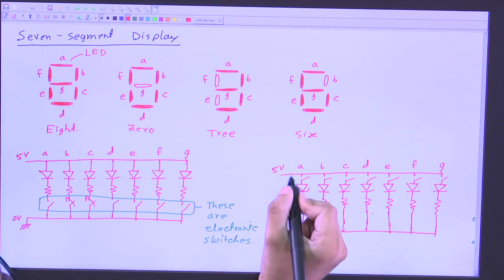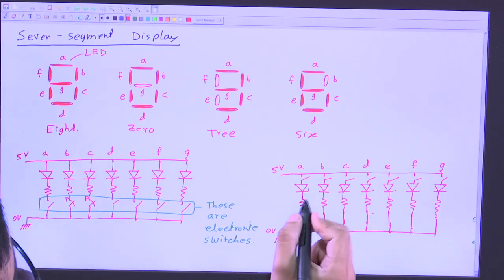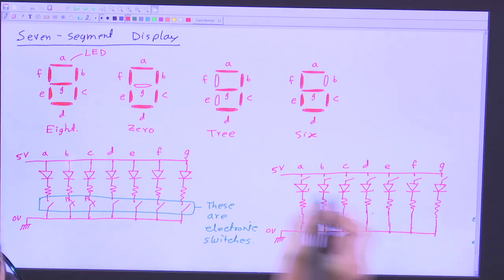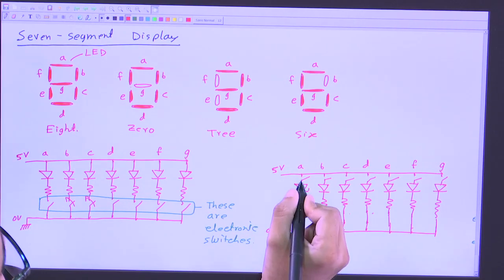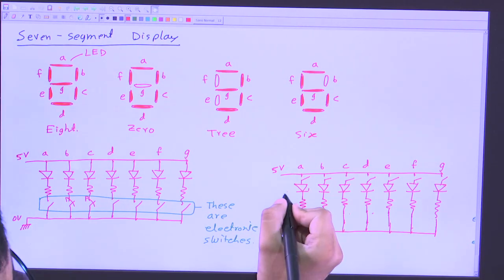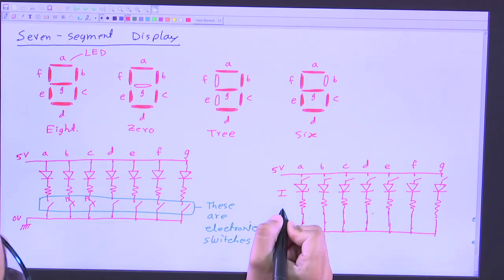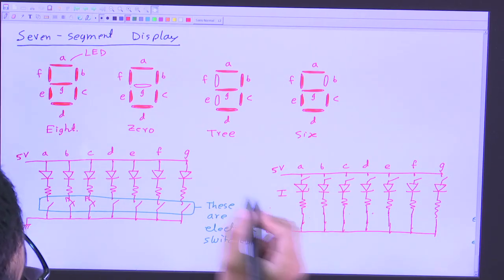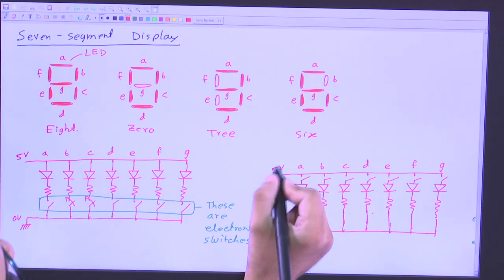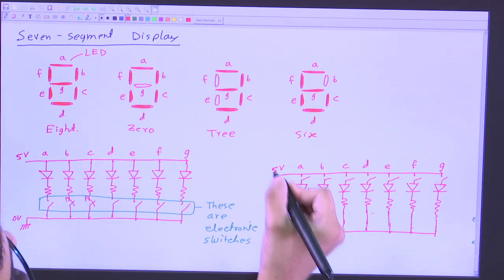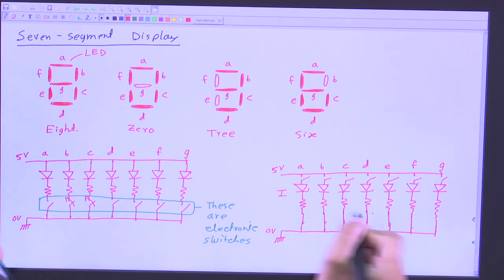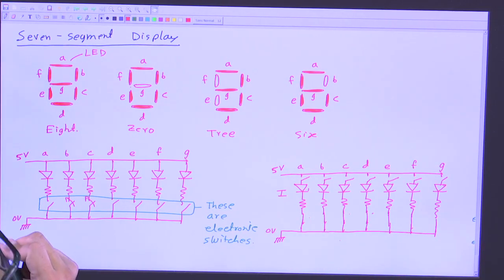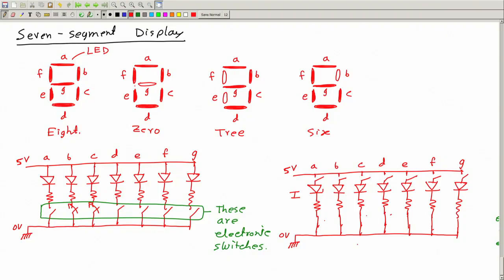So if you are asked to design a circuit, where you know the current that should flow, maybe it's milliampere or less, and the voltage is 5 volt, then divide 5 volt by I to get the resistance to be connected in this circuit. Okay, so this is 7-segment display.